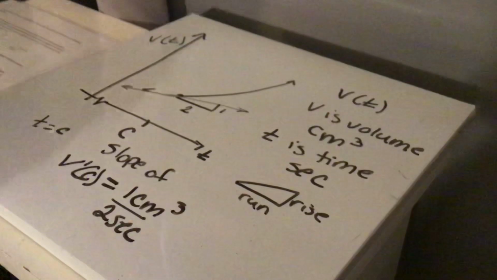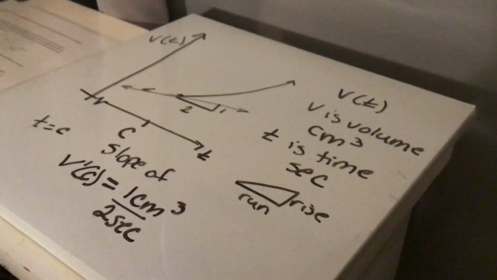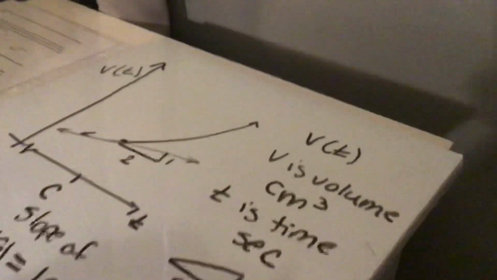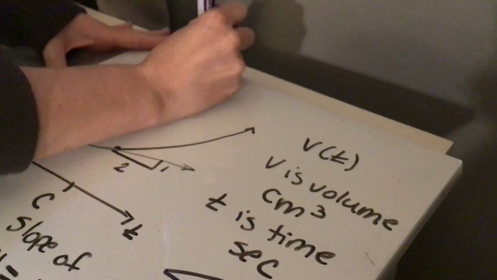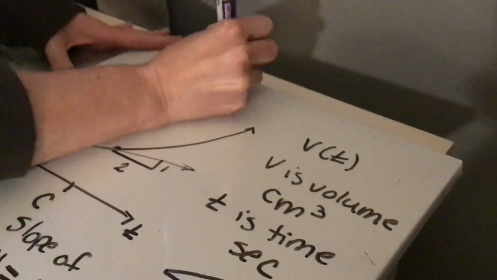As we can see, the unit of a derivative is the unit of the dependent variable, the vertical axis, divided by the unit of the independent variable, which is your horizontal axis. Let's generalize it for f at point x.